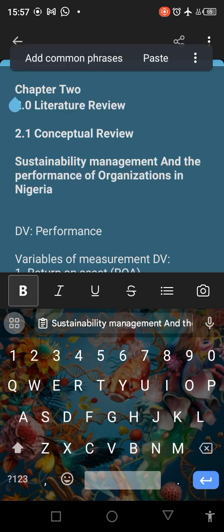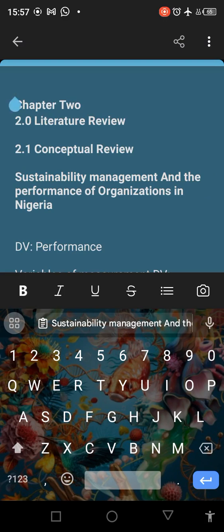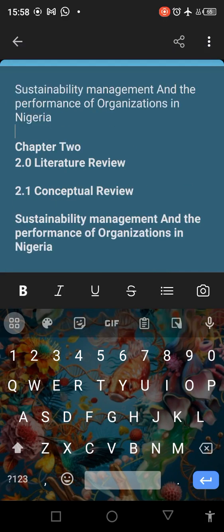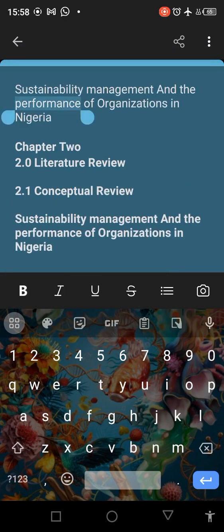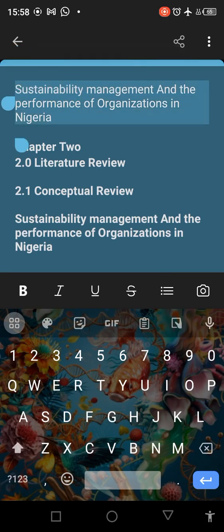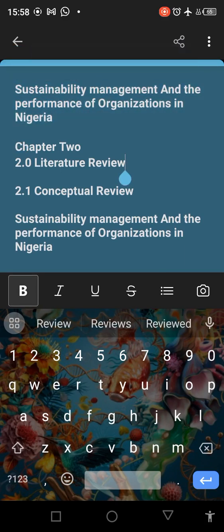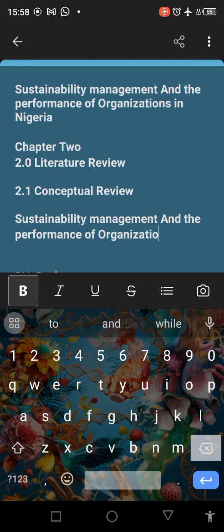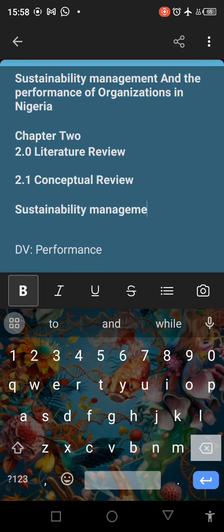Now, let's assume this is my topic here. This is the topic I am working on here, as we can see. And just the way I have broken it down before into different sections.